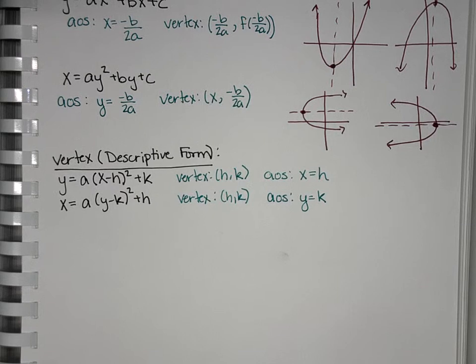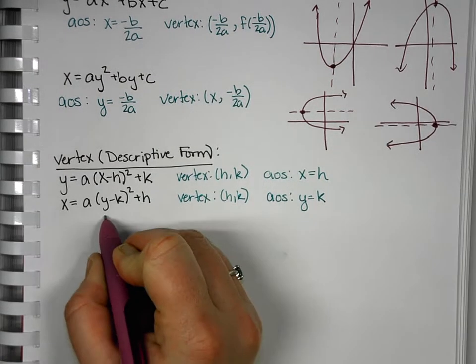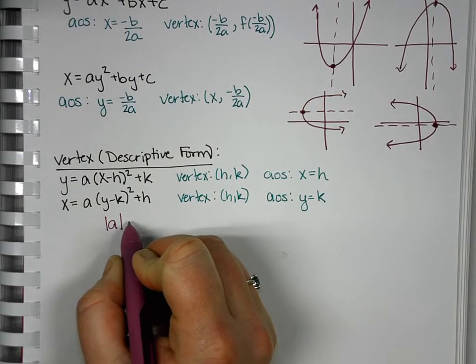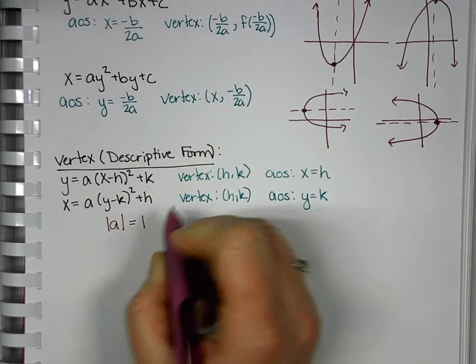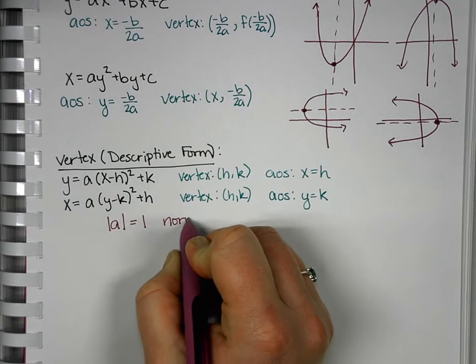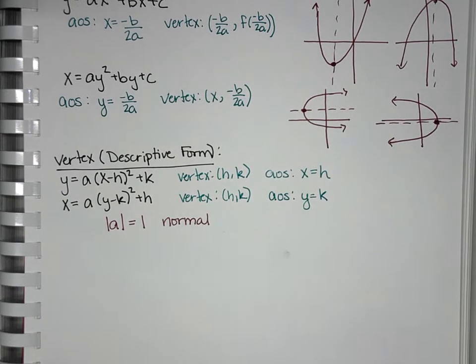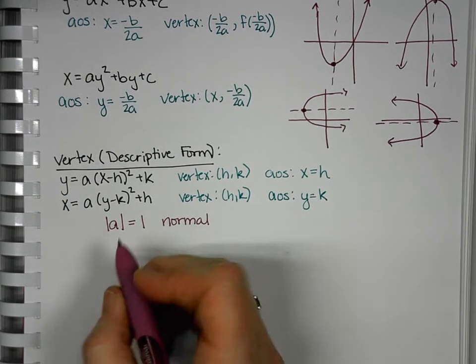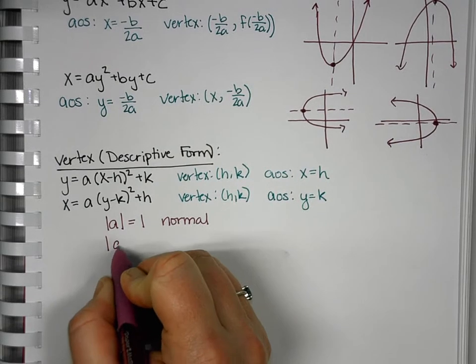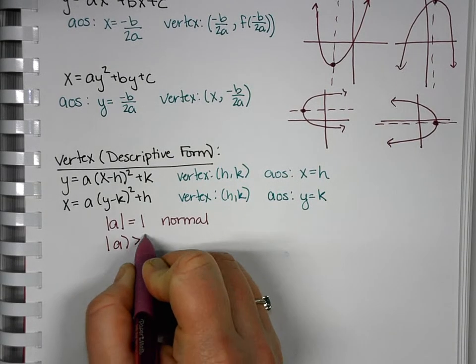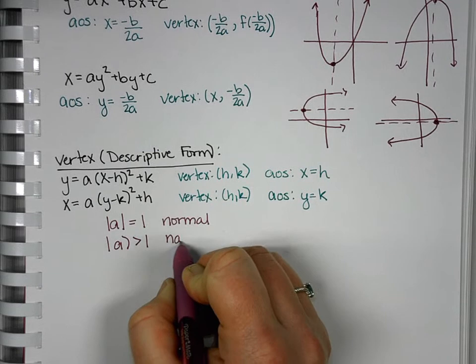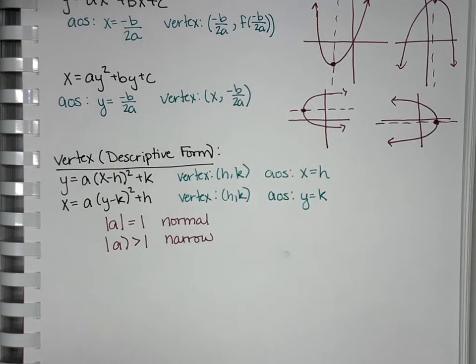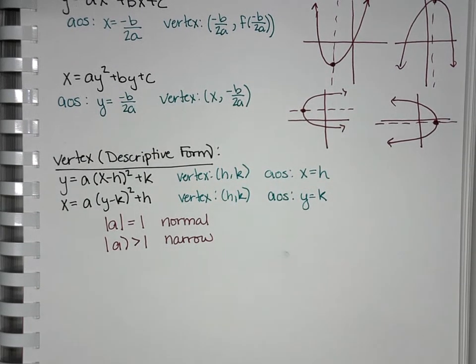And again, that A tells us the same information. So if the absolute value of A is equal to 1, we call that a normal graph. Whether it be horizontal or vertical, we call it normal. If the absolute value of A is greater than 1, it's a narrow graph. So, whoops, that's supposed to be an absolute value, not a parenthesis.